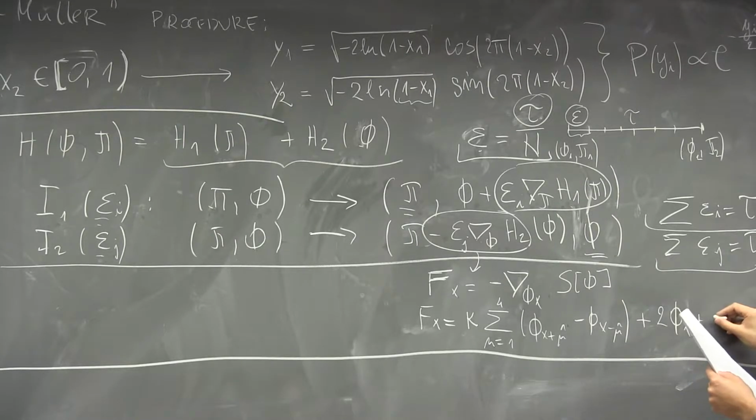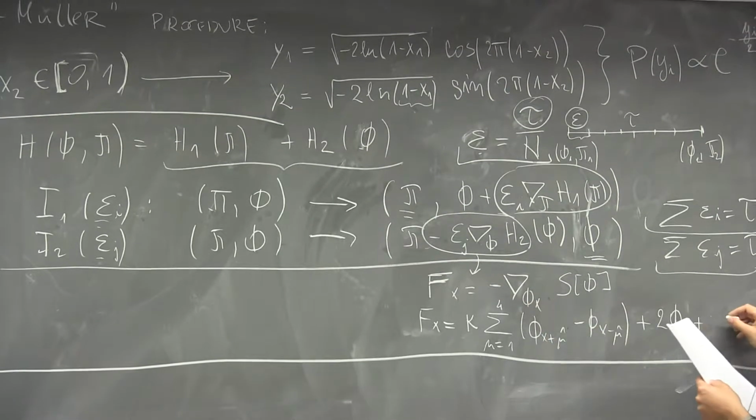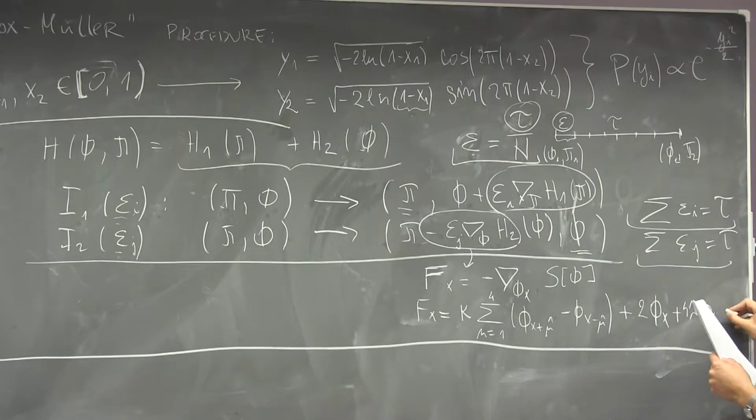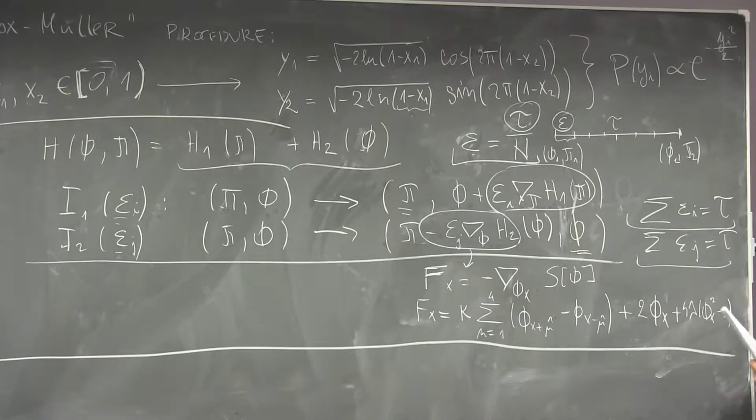And then the derivative of the quartic term with respect to phi of x will give us 4 lambda times phi of x squared minus 1 times another phi of x.